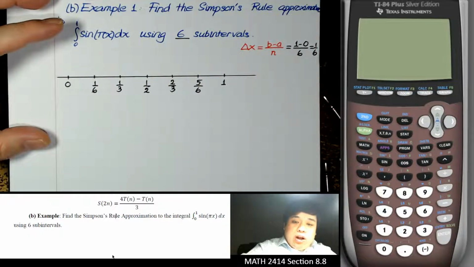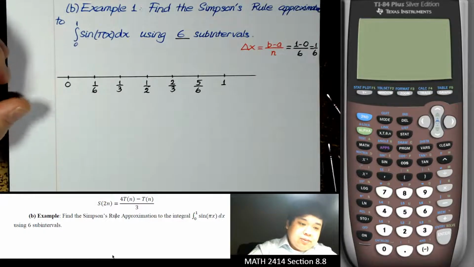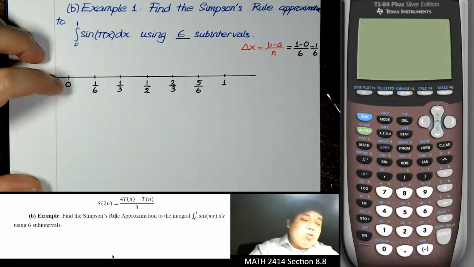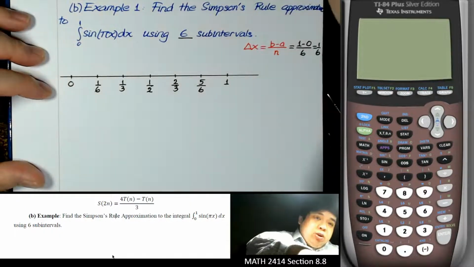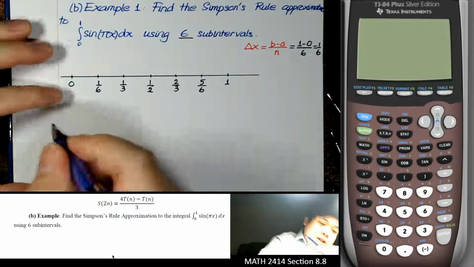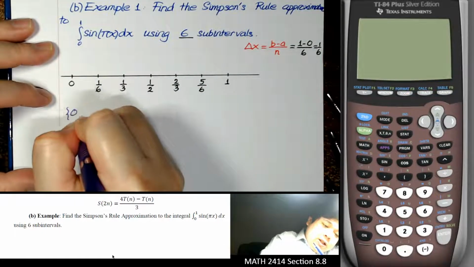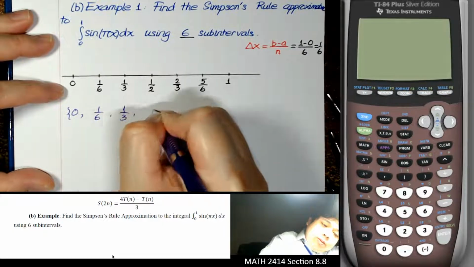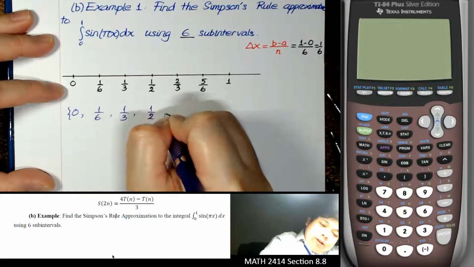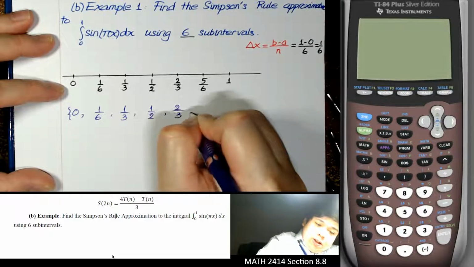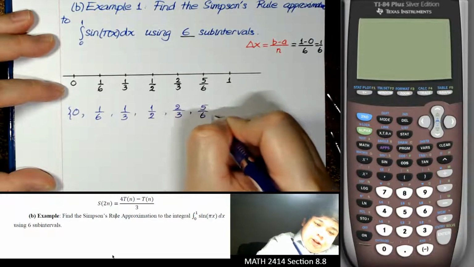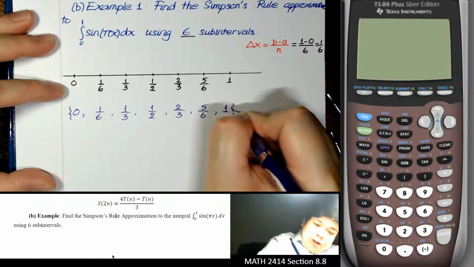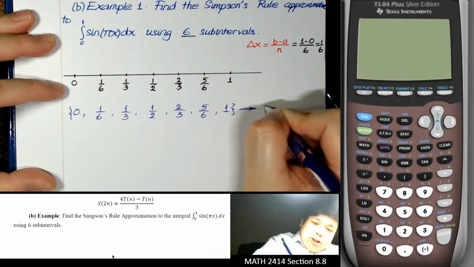And then next we will assign the coefficients. Because when we use the calculator, we will store the points into a list: 0, 1/6, 1/3, 1/2, 2/3, 5/6, and 1. Store this into the first list.